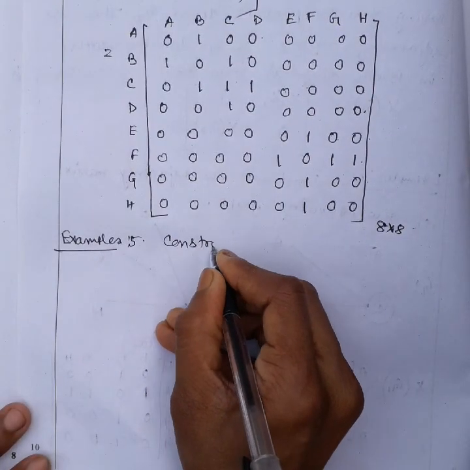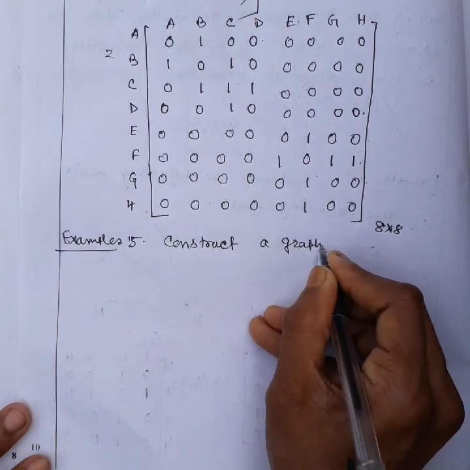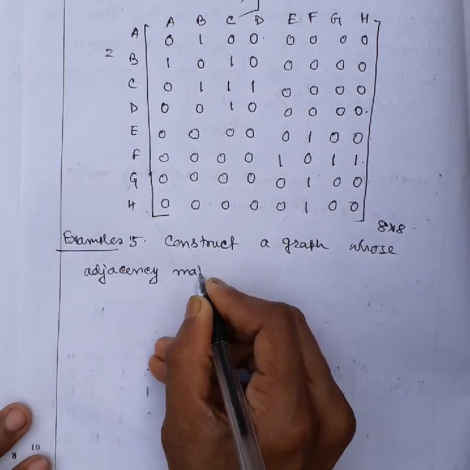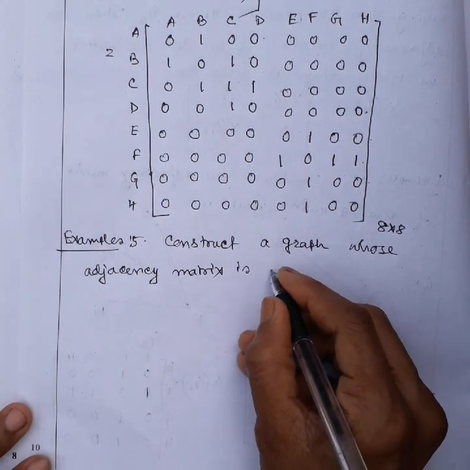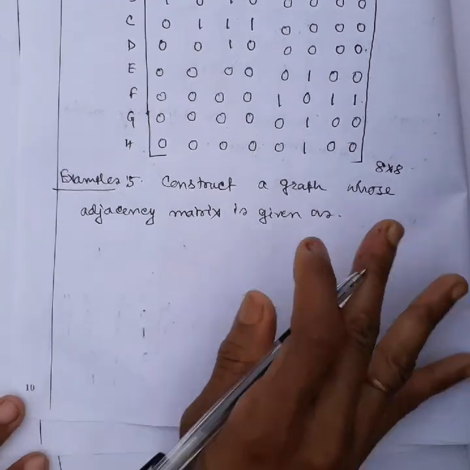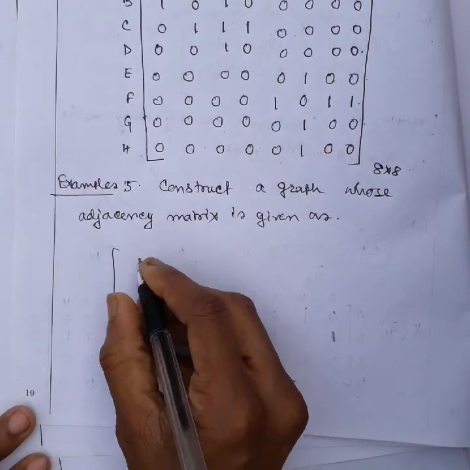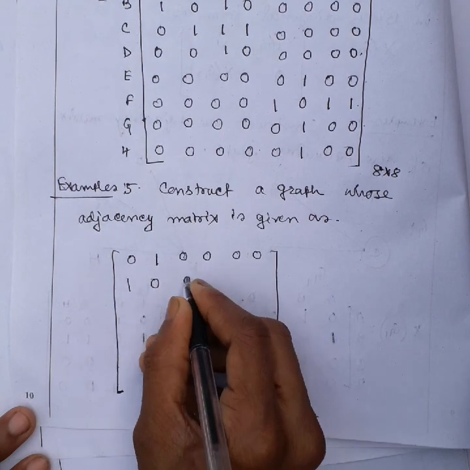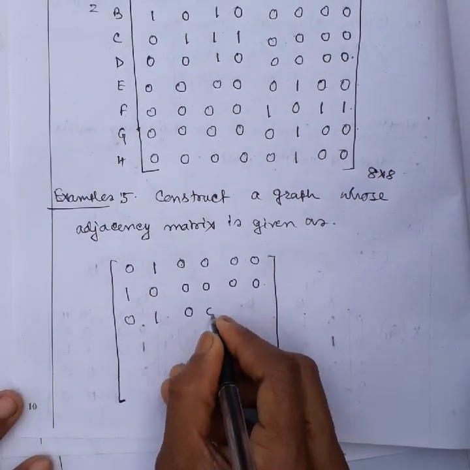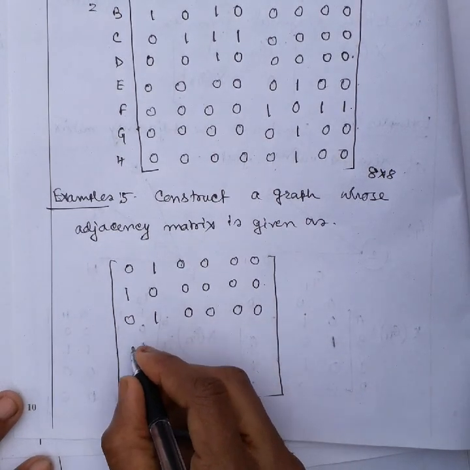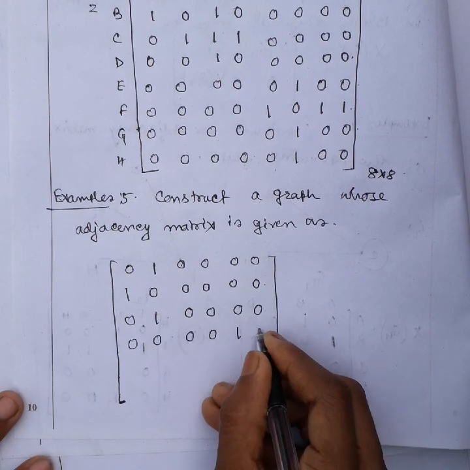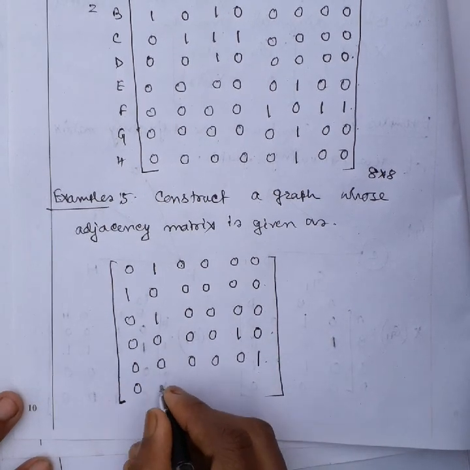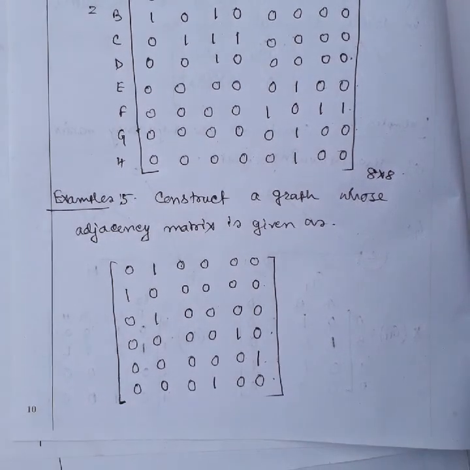Say, construct a graph whose adjacency matrix is given as this: 0 1 0 0 0 0, 1 0 1, 0 0 0 0 1 0, 0 0 0 0 0 1, this one.